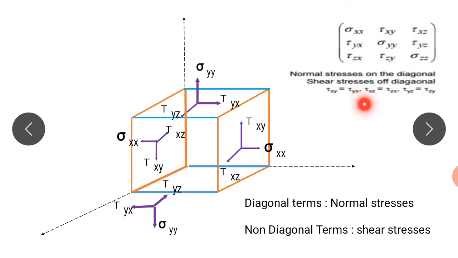Means tau xy must be equal to tau yx, tau xz is equal to tau zx, and tau yz is equal to tau zy. So diagonal terms are normal stresses, non-diagonal terms are shear stresses. So each face has three stresses, one normal stress and two shear stresses along the x, y, z axes. Okay, and mutually opposite faces have mutually opposite stresses.